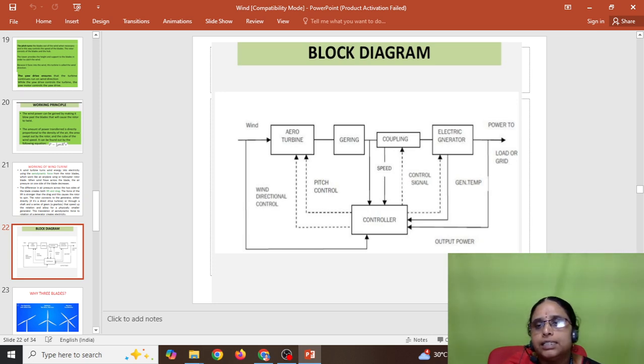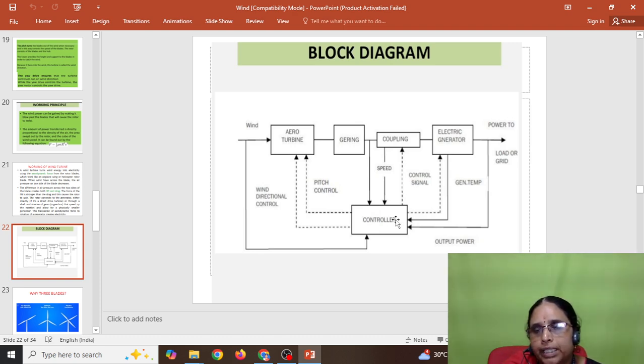And this is the block diagram of the wind system. When wind hits the turbine, the wind blade will rotate, which is geared by the gearbox and coupled to the electrical generator. That generator will produce the electrical power which is given to the load. So we have a controller here.